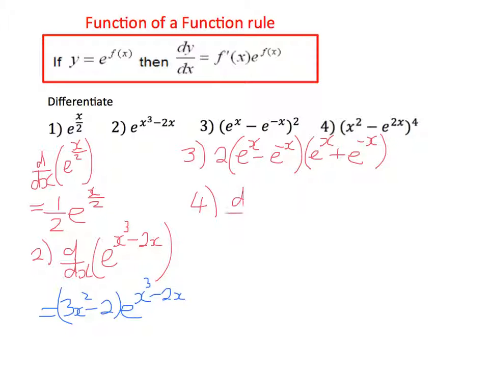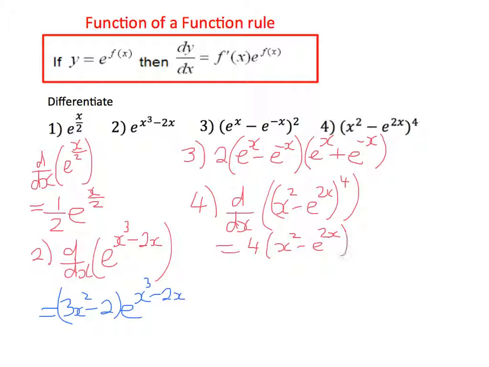Number 4. Let's differentiate x squared minus e to the 2x, all to the power of 4. So we are going to bring the power down the front, keep the brackets exactly the same, and subtract 1 from the power, then multiply by the derivative of what's inside the brackets.